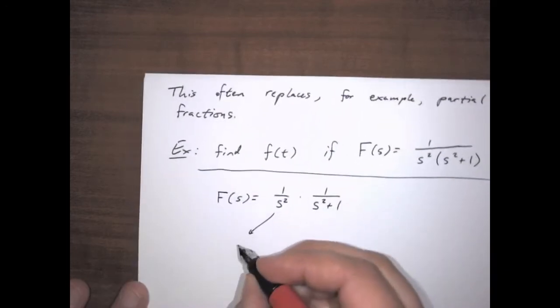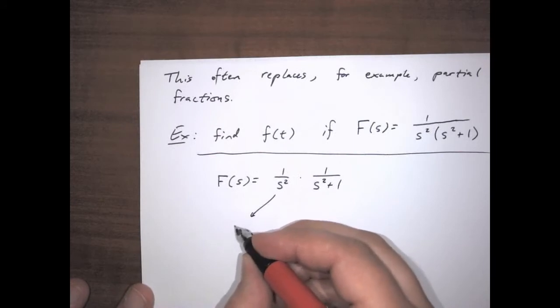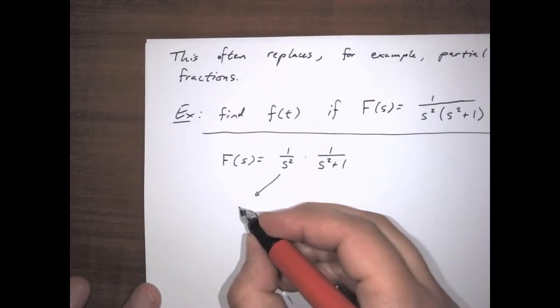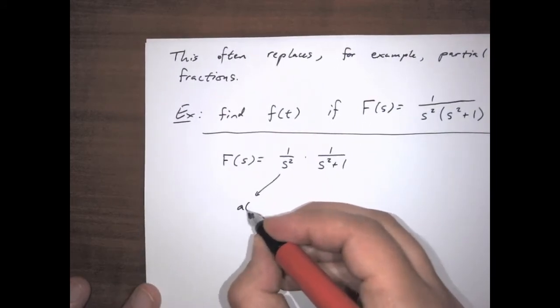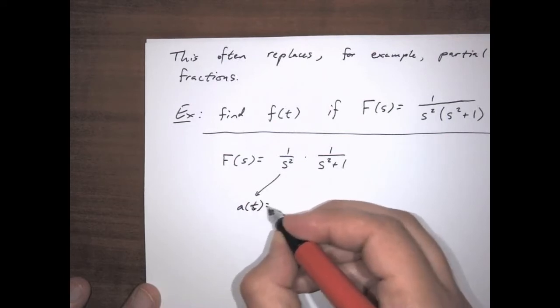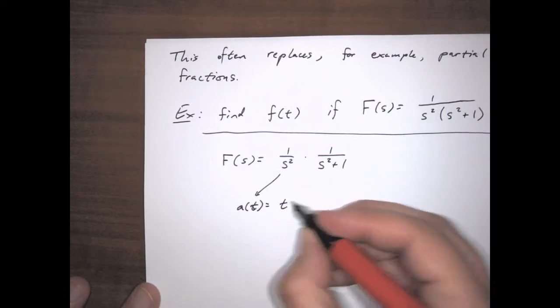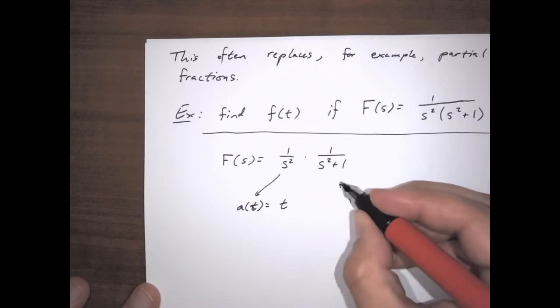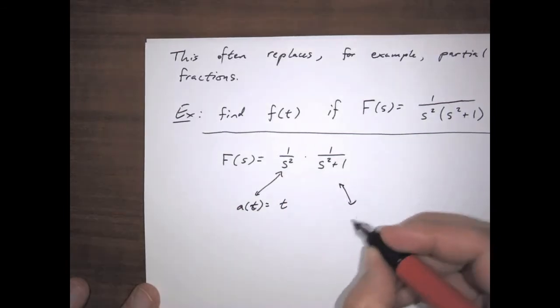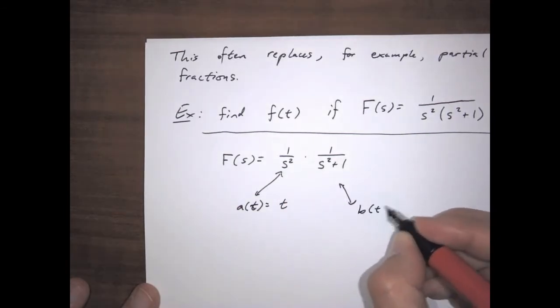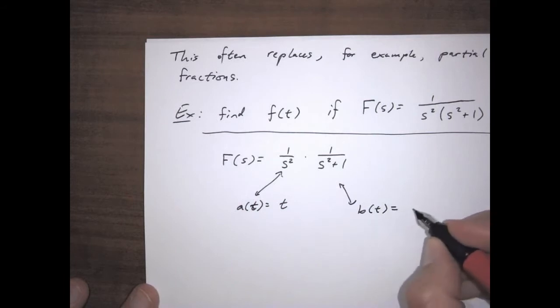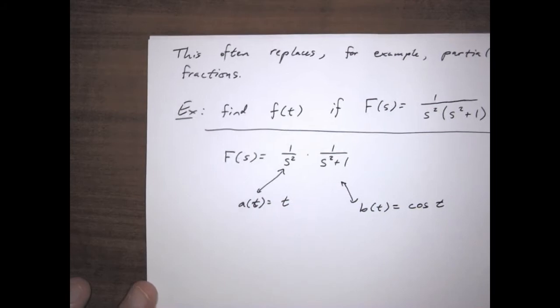So what this means is that we'll be dealing with two little functions. We could say a of t is equal to just t. And here, b of t, according to the table of Laplace transforms, is equal to the cosine of t.